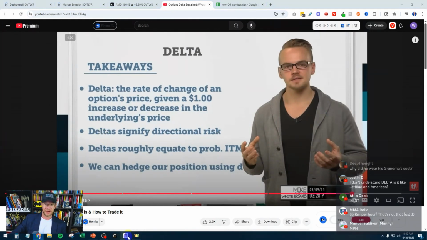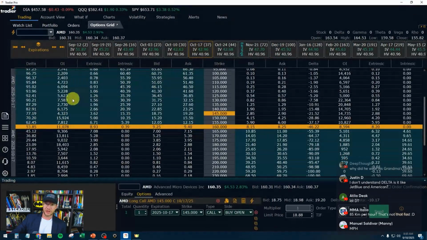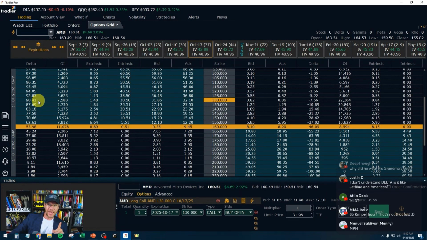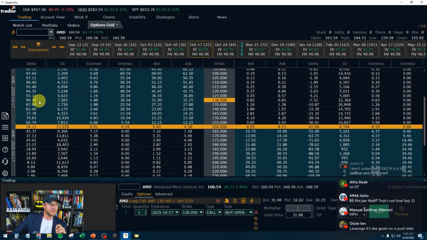Your directional profits. Now, here's the great thing about delta. As we'll talk about more next time when we talk about gamma, options are so cool. When you buy the deep in the money options, let's say you bought the 90 delta, as it goes up in value, that option price gains deltas. So it's helping you.